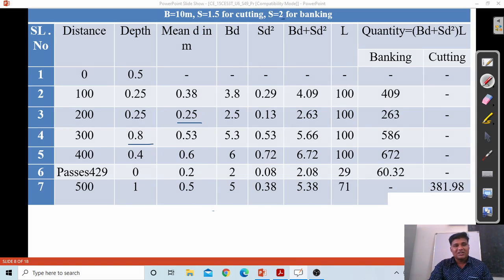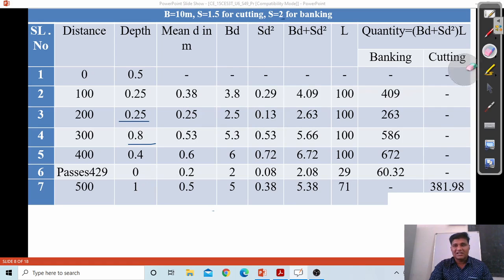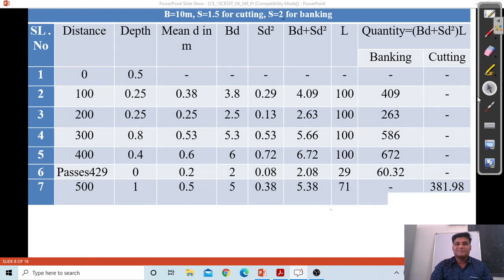At 300, 0.25 plus 0.8 is equal to 1.05, divided by 2 will give me 0.53. In this fashion you have to calculate all the mean depths for the remaining columns.